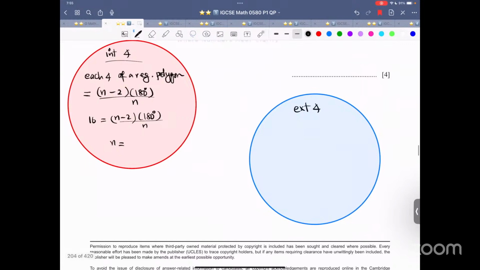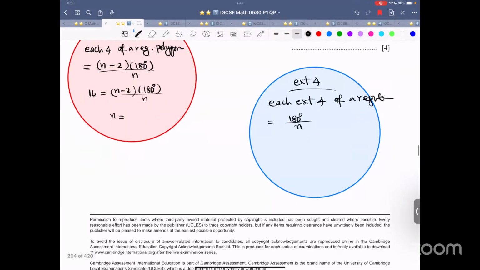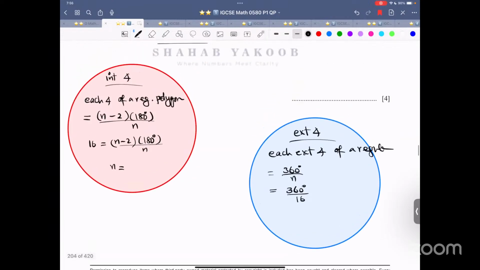Each exterior angle of a regular polygon is equal to 360 degrees divided by n, my bad, not 180. So 360 over 16. 360 divided by 16 comes out to be 22.5. There is something missing.